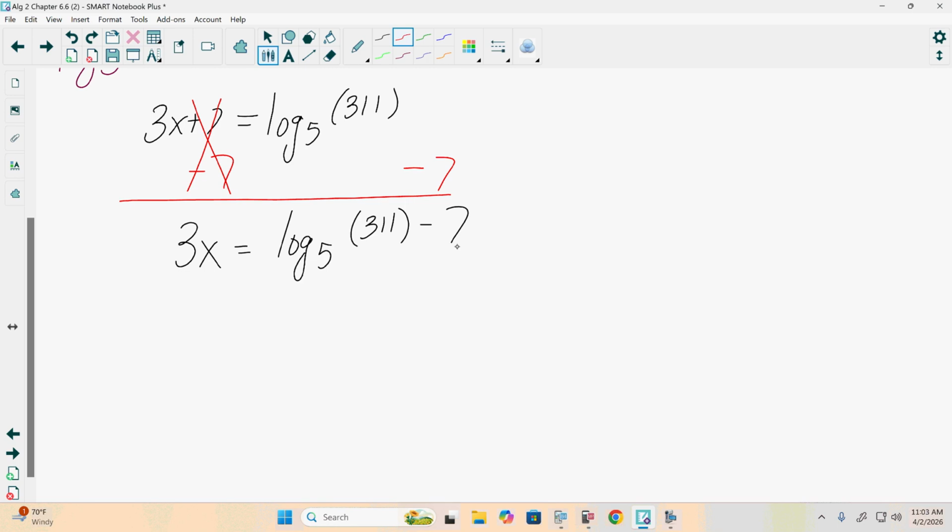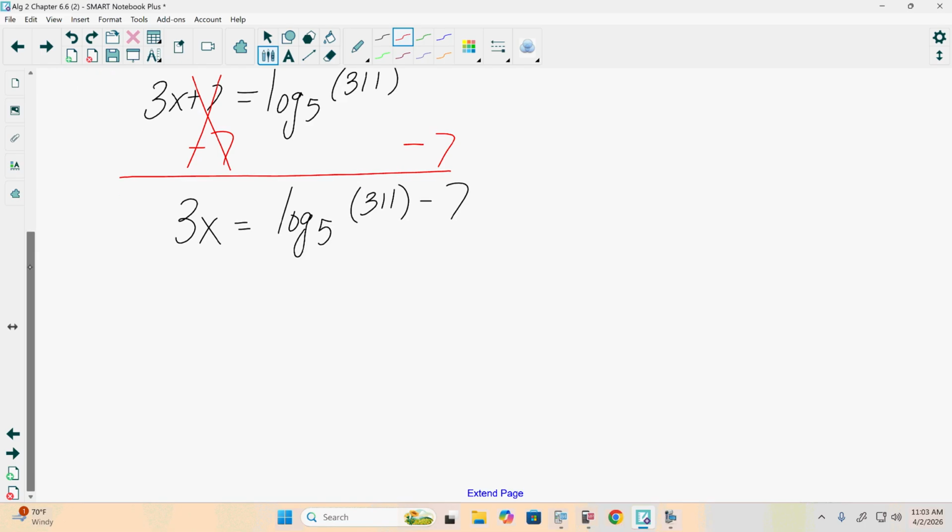Because when we're approximating this, we have to find out what the value of log base 5 of 311 is. Whatever that value is, we're taking 7 away from it, not the 311. And that is one thing you've got to be careful with, especially typing it in. If you don't close that parenthesis off with that logarithm, it's going to subtract it first.